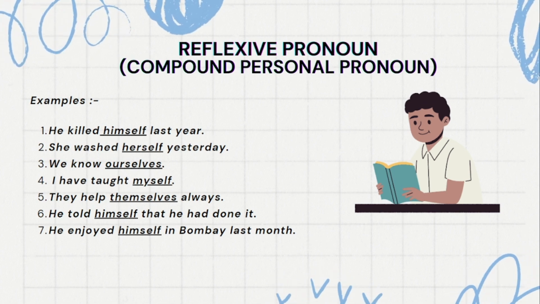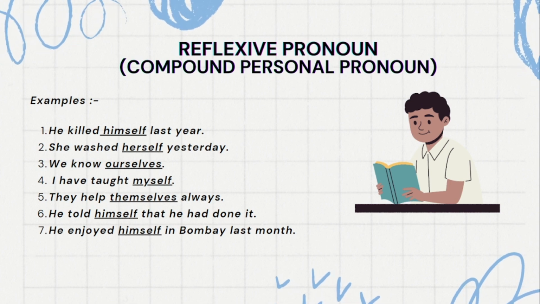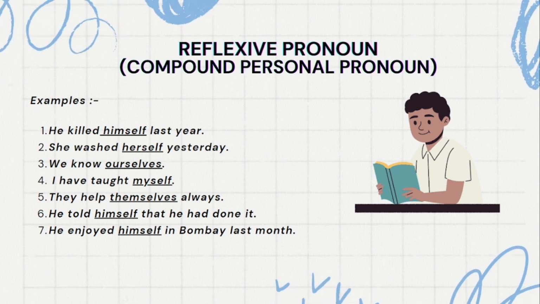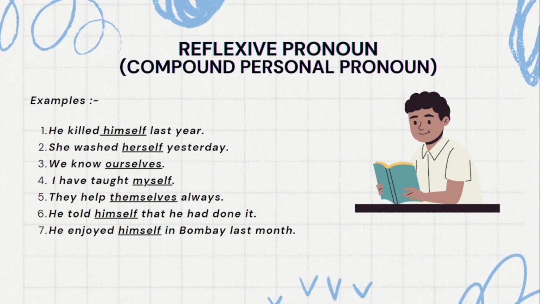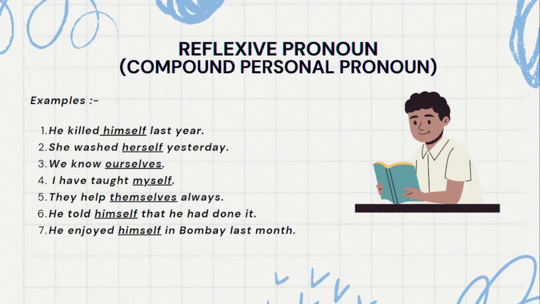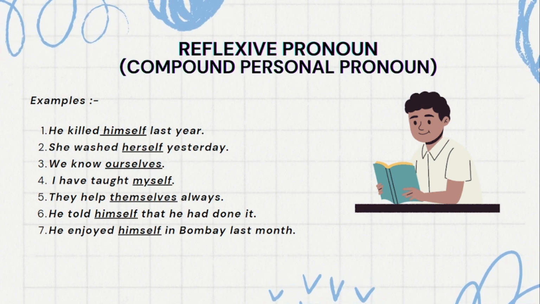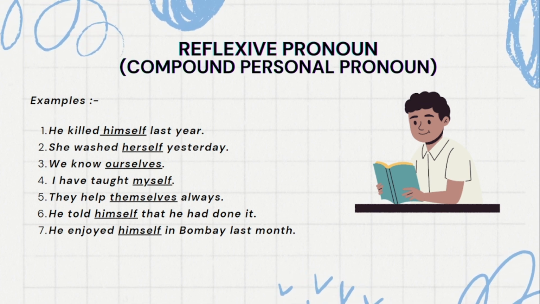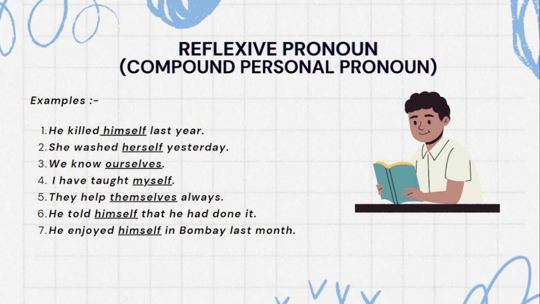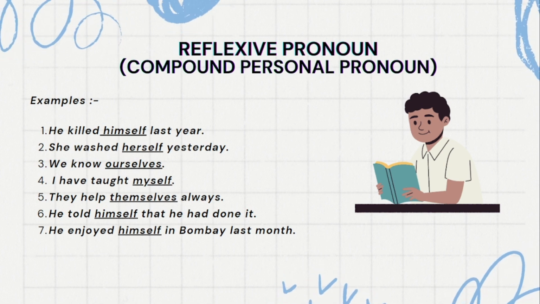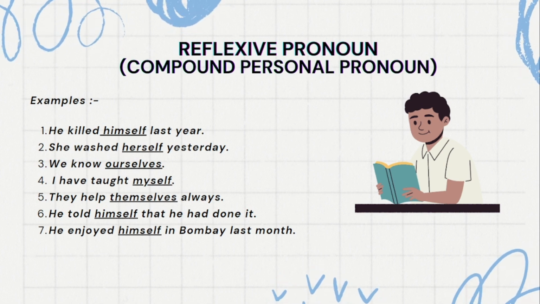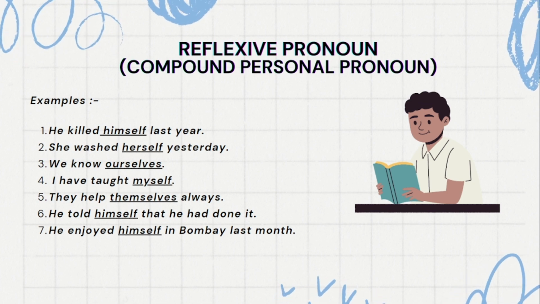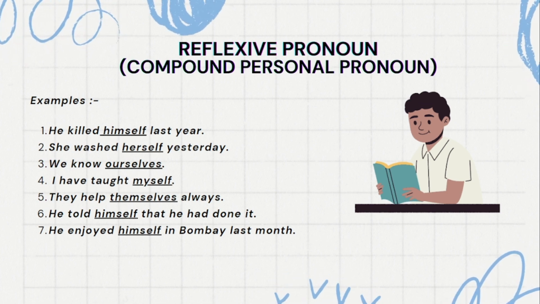Observe it. Next, fourth one. I have taught myself. In this sentence, subject is I. Have is the helping verb. Taught is the main verb. Then find out the object. Whom have taught? Answer is myself. Myself is object in this sentence.